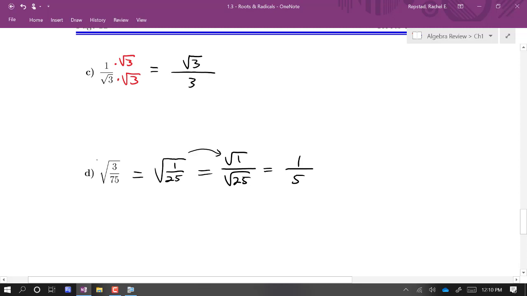Now, if I hadn't noticed in the beginning that 3 goes into 75, that's okay. I could still do this problem. I would just start by splitting up the fraction. I would note that 75 is 3 times 25, and 25 is 5 times 5.